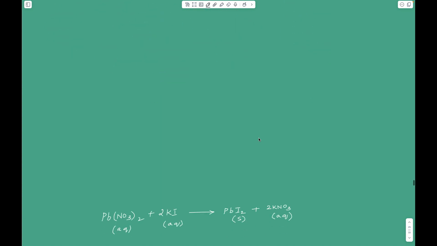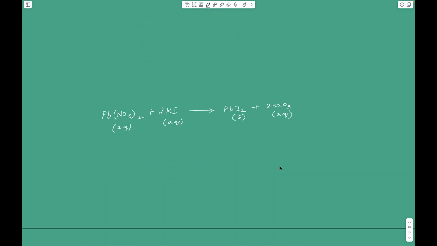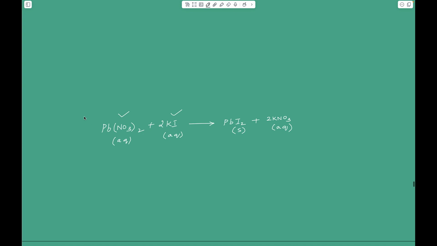Now what are the reactants in this reaction? Lead nitrate and potassium iodide, right? Lead nitrate is the solute in the first solution. Potassium iodide is the solute in the second solution. So here the reaction is taking place between the solutes of the solutions.